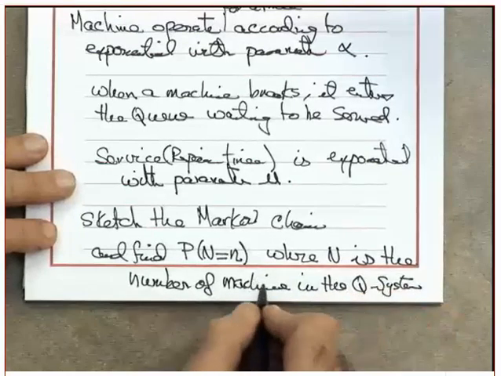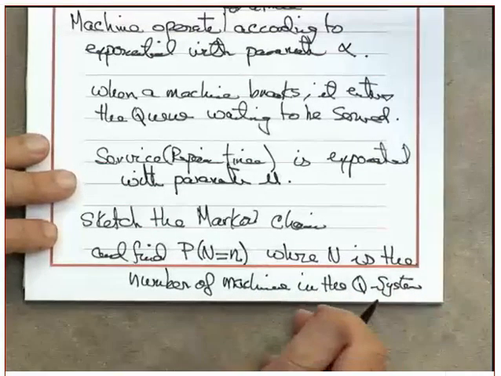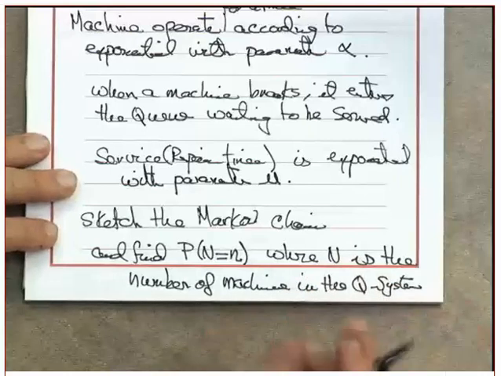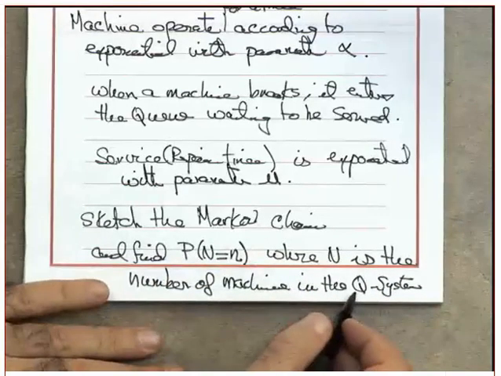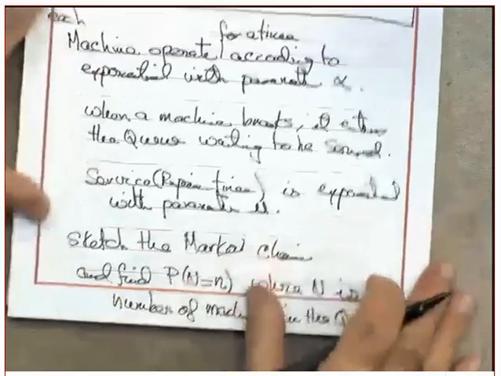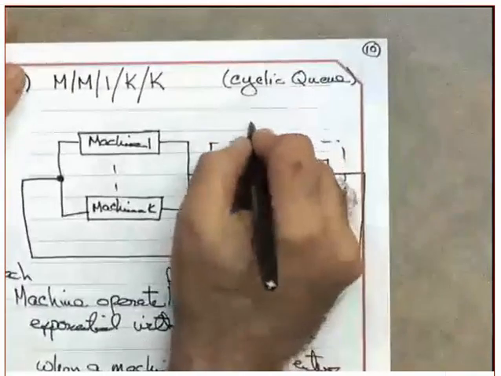In the queue system, which means the number of failed machines. Do I need to write the number of failed machines, or did you get the point? Where is the queuing system? One more time, that's the queuing system.